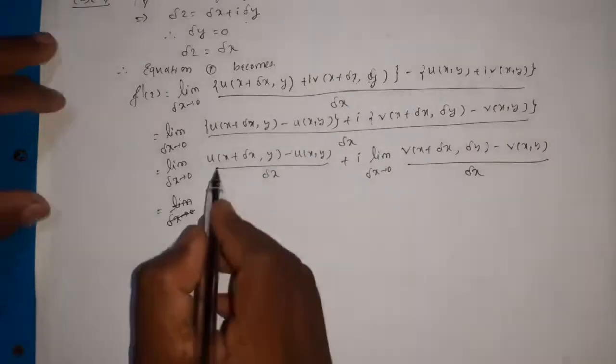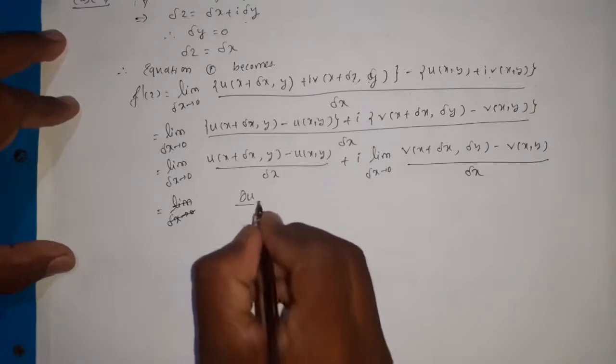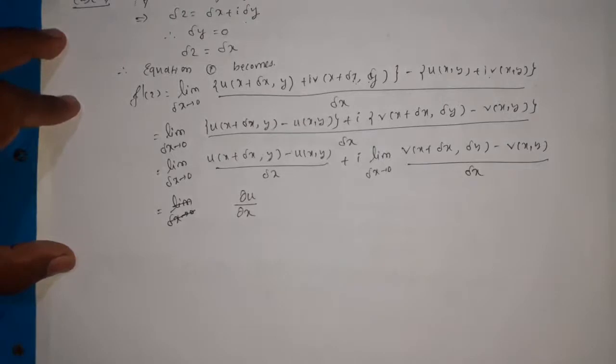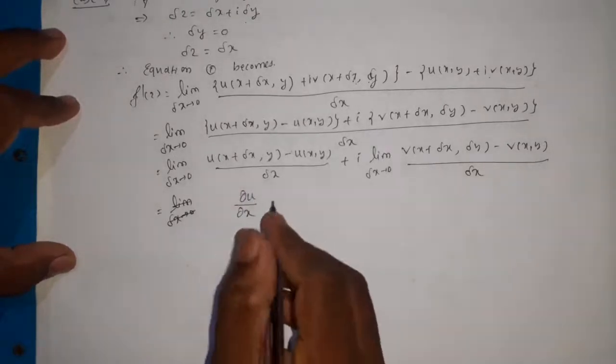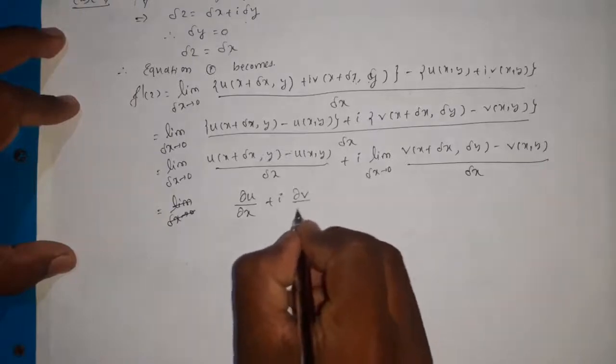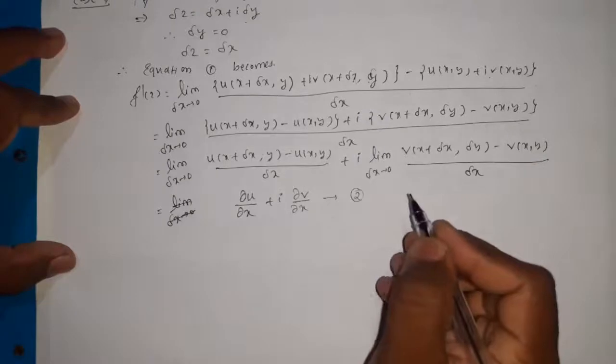So therefore this term can be written as the partial derivative of the function u with respect to x. So therefore that is dou u by dou x plus I into dou v by dou x, and consider this as second equation.